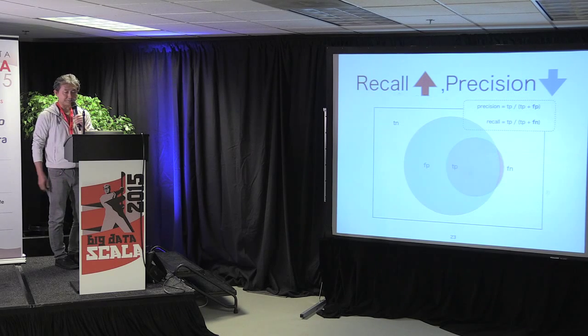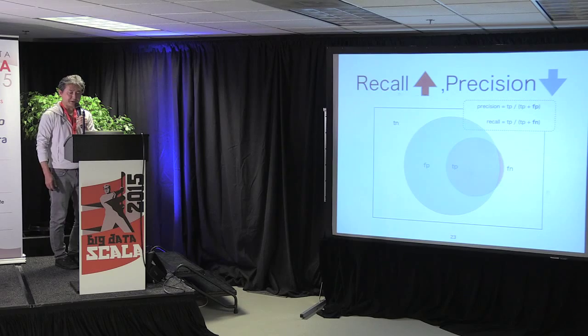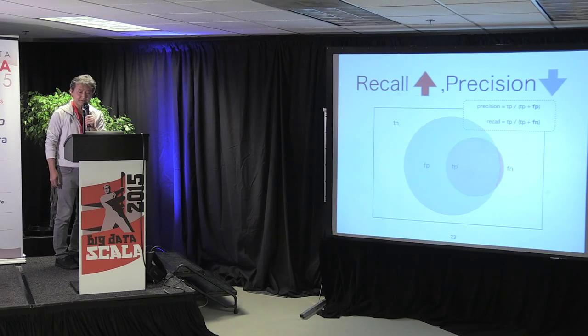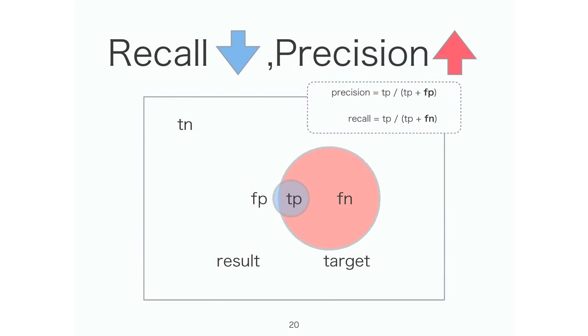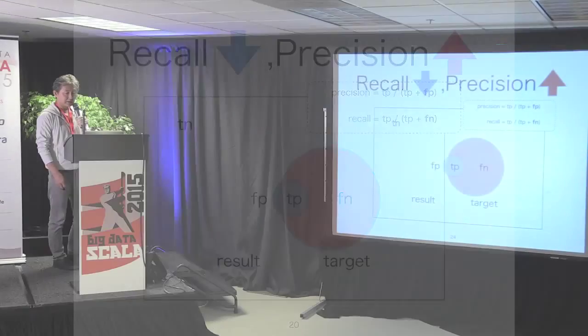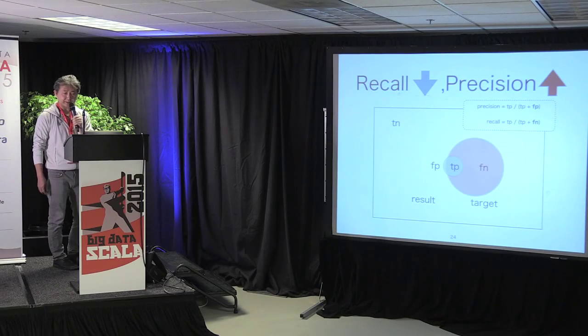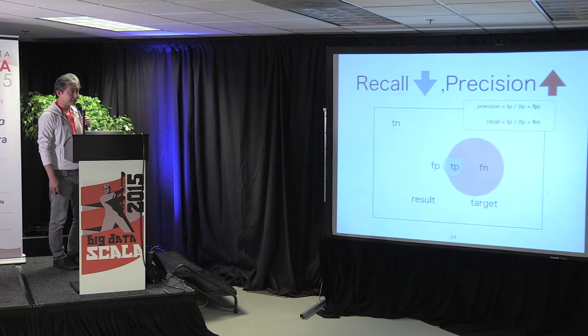At the same time, you lose precision, because it makes FP bigger, and bigger FP makes your precision lower, and vice versa. When you want a search engine with high precision, you want the result set to be small. Consequently, you get not only high precision, but also low recall. That's the reason.